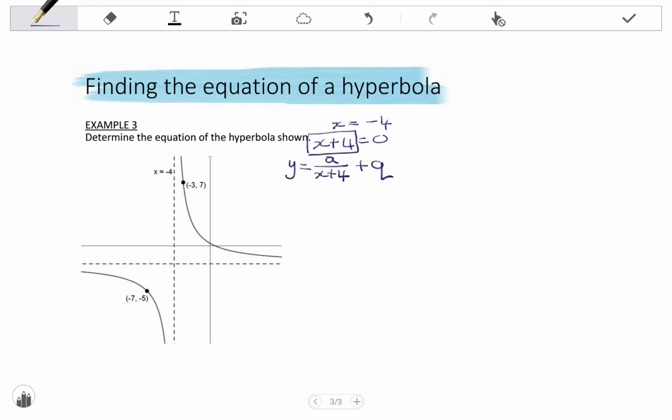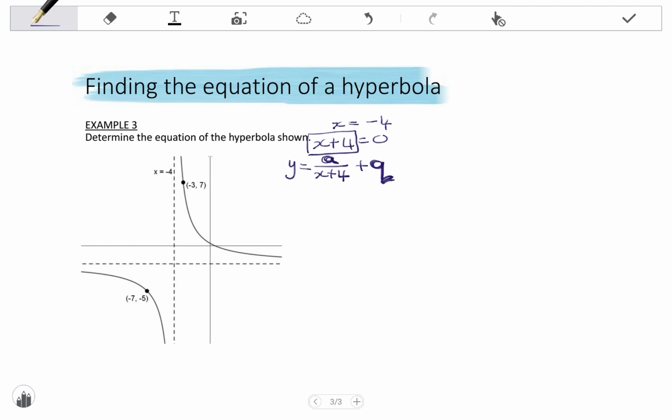Now, I still have 2 unknowns that I need to find. And for any function, if you have to find the equation and you have one unknown, you substitute 1 point. If you have 2 unknowns, you substitute 2 points to find 2 equations which you solve simultaneously for those 2 variables.